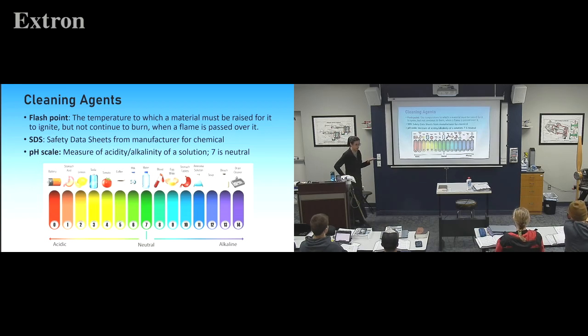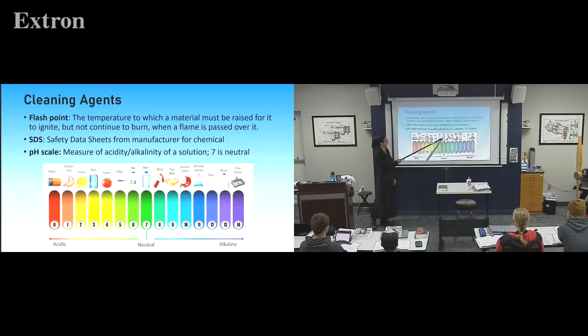So you do need to know that 7 is neutral. 7, perfect number, perfectly neutral. Maybe from a spring at the top of the Rocky Mountains, you'll get water that's actually neutral. Not in Michigan. Nasty.